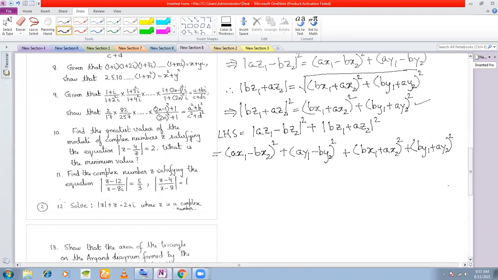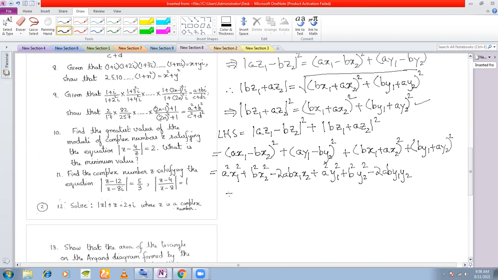Okay, now you expand by your (a plus b) whole square formula. So you have a square x1 square plus b square x2 square minus 2ab x1 x2 for the first one. For the second one, you have a square y1 square plus b square y2 square minus twice ab y1 y2.